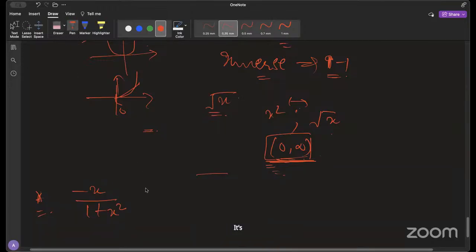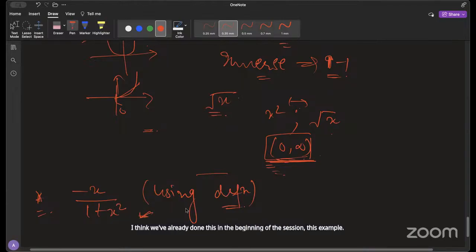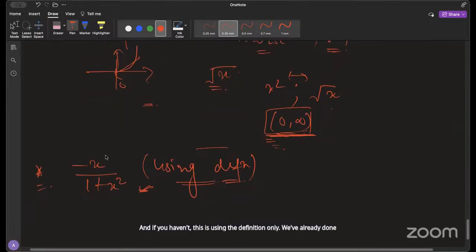It's using the definition only. I think we've already done this example in the beginning of the session. We've already done 2 questions using the definition, and the same approach is to be used here. And the graph, you can't plot this, so the graphical way we can't go.